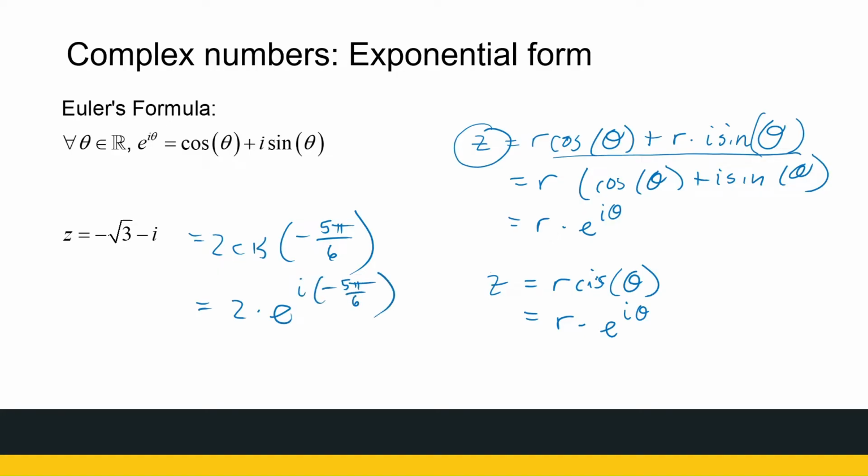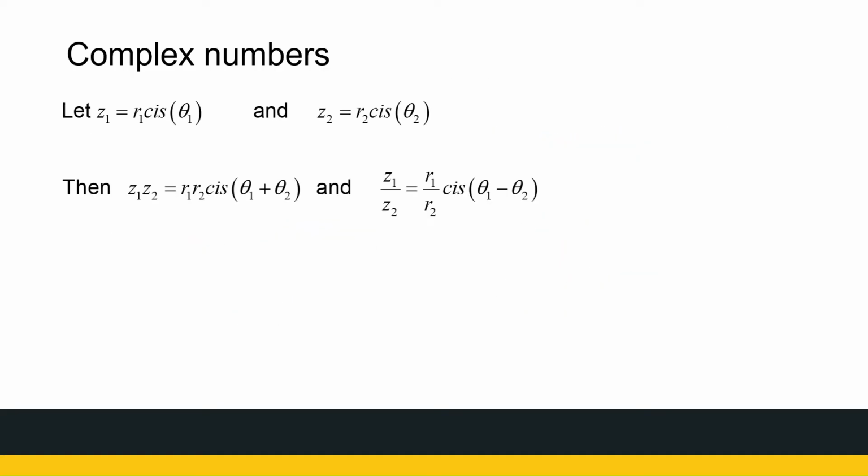So there's no calculations involved changing from polar to exponential form, just rewriting r and theta. So you just need to know the formula and be able to rewrite it. But just be aware that this is another representation of complex numbers. All right, so let's see what we're going to do from here.